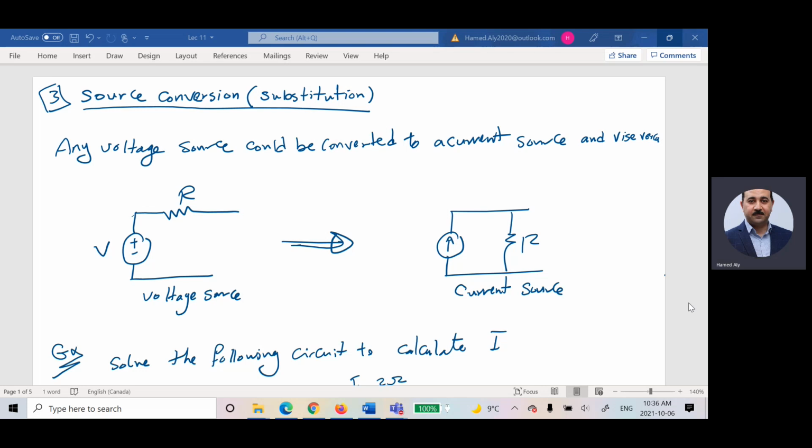If you still remember, I told you that I could use KCL and KVL for solving any problem. For Ohm's law, to find R total, I'm not allowed to do that unless I have a voltage source, which is one source, and at that time I will try to find R total seen by that source.